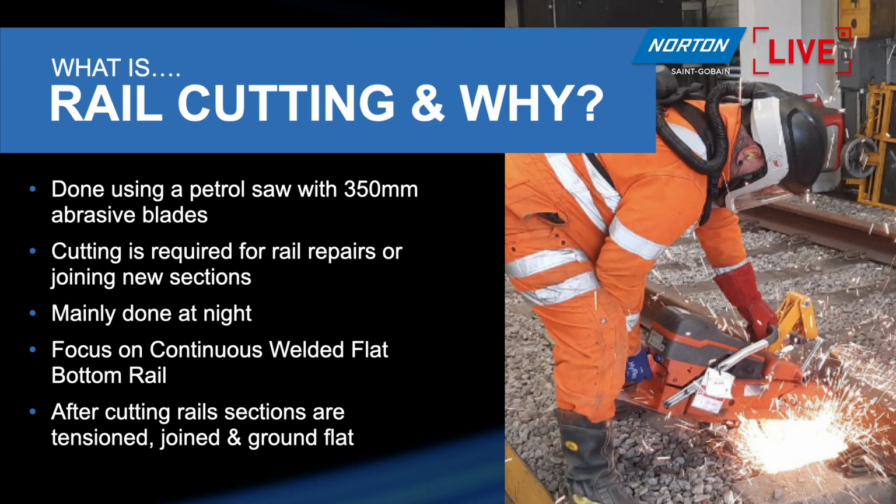It's mainly done at night for obvious reasons, because they have to close down a rail track, so it wouldn't be popular to be doing that in the day. It's really focused on continuous welded flat bottom rail. This is where we do most of the cutting in the rail industry. And after it's cut, the rail sections are then tensioned, joined and ground flat.